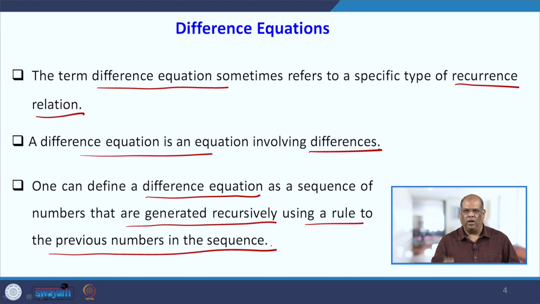Now, let us see what it means. We take an example. For example, you consider this sequence of numbers, say 0, 1, 3, 6, 10, 15, 21.